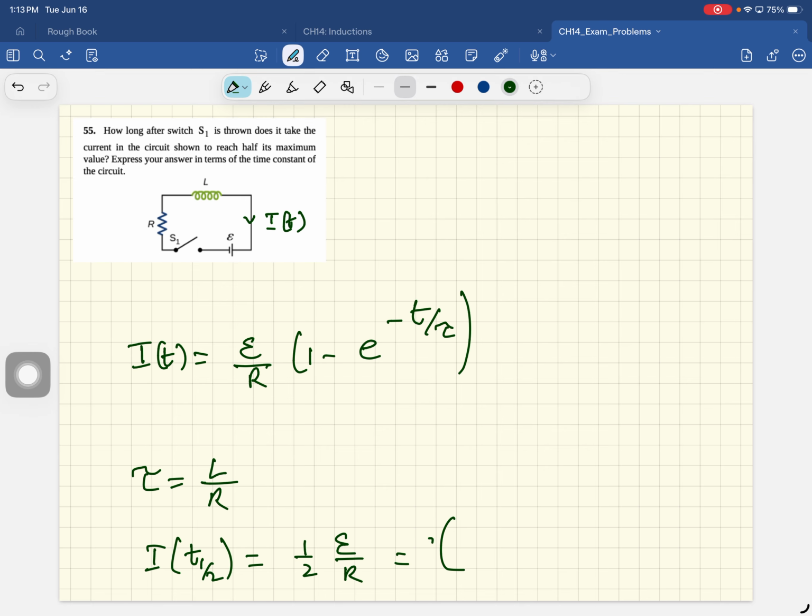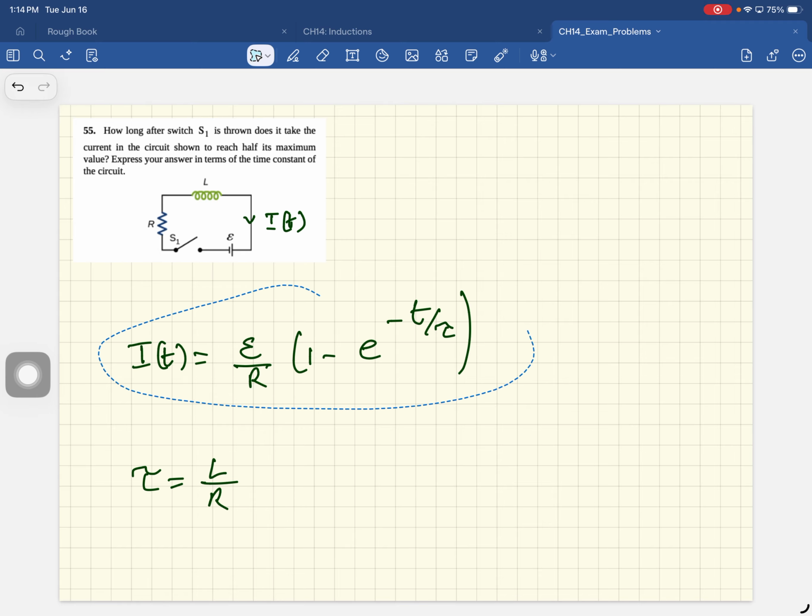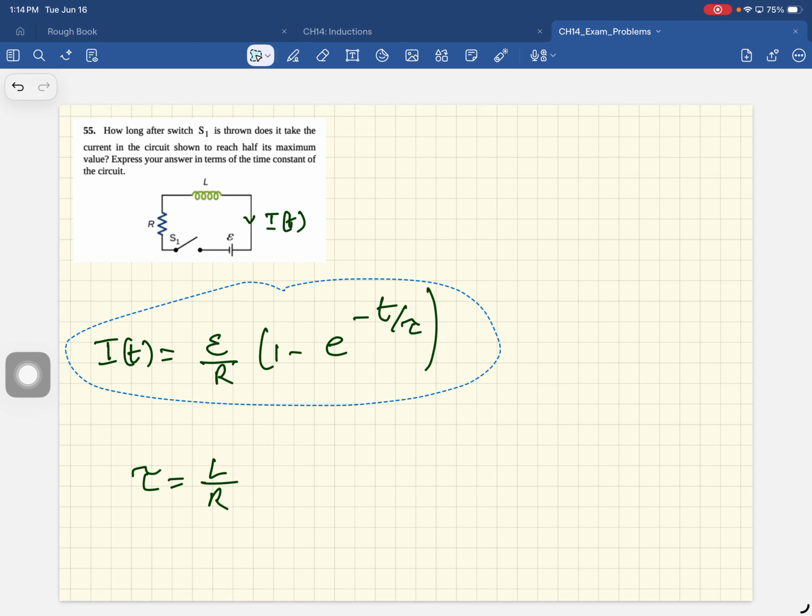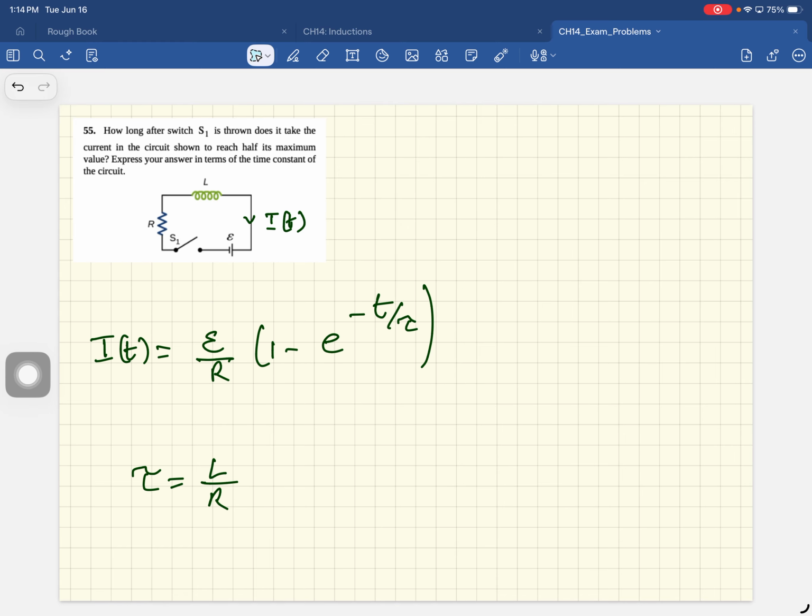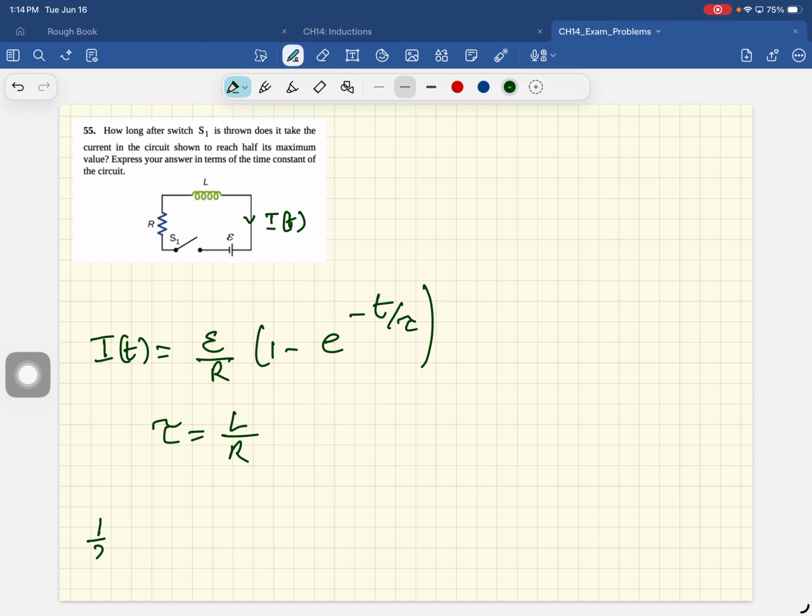So it's roughly 100 ohms. Yeah, so the resistance in this circuit is 99 ohms.